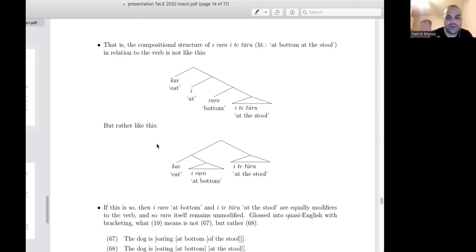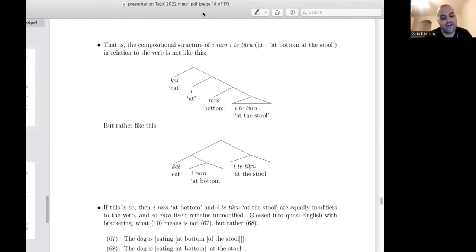So if I'm wrong about this and Maori really does use more traditional prepositional structures for these locative things, I would have to rethink this, because it's not clear to me how you get rigid reference to things like bottom. So in a way, I like the hypothesis for that reason.